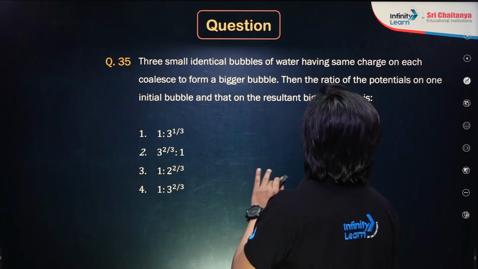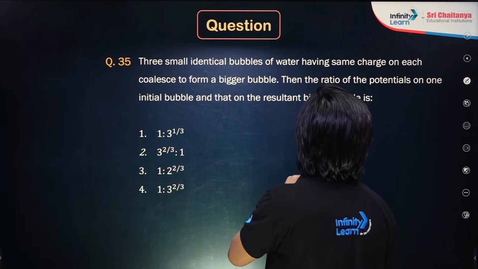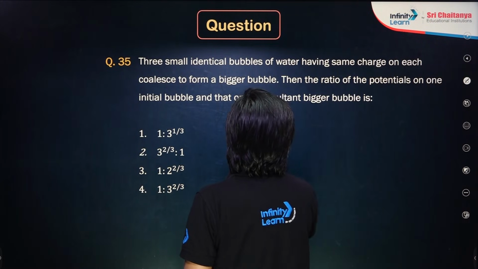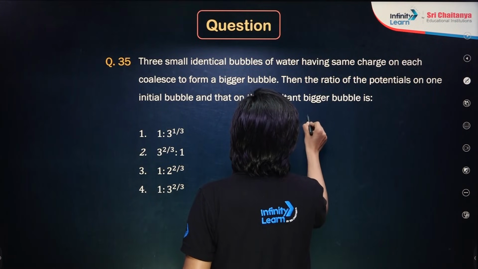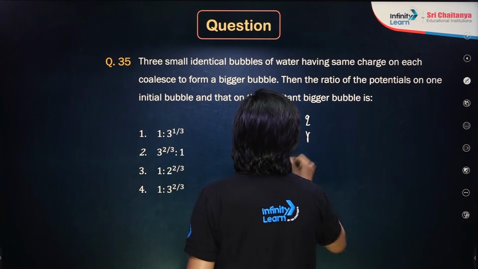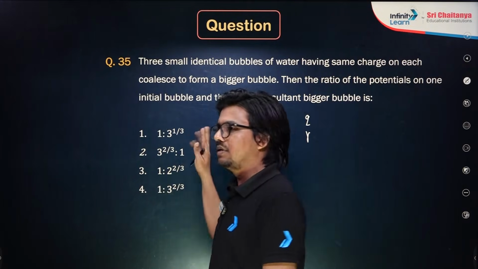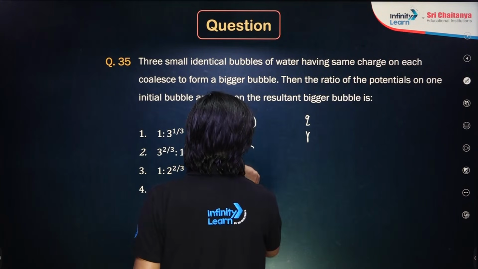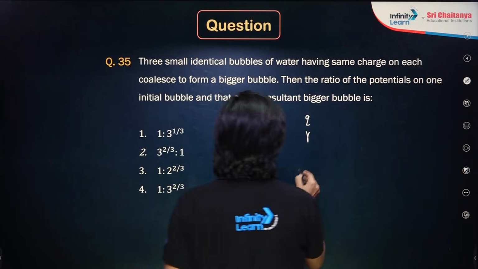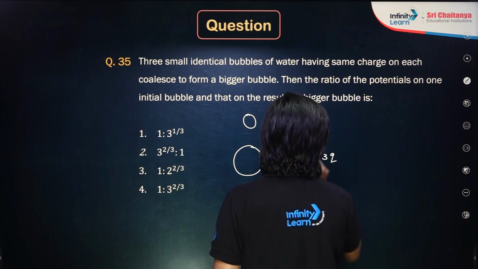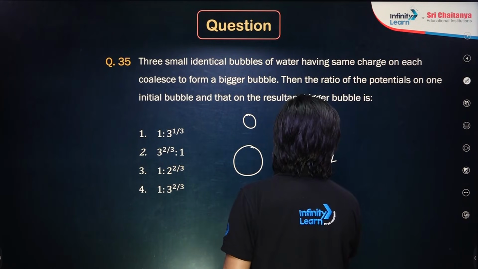Suppose each small bubble has a charge small q and radius small r. Now there is a bigger drop you are making by combining these 3 drops. This bigger drop will have a charge 3 times small q. How about the radius? Suppose the radius is capital R.